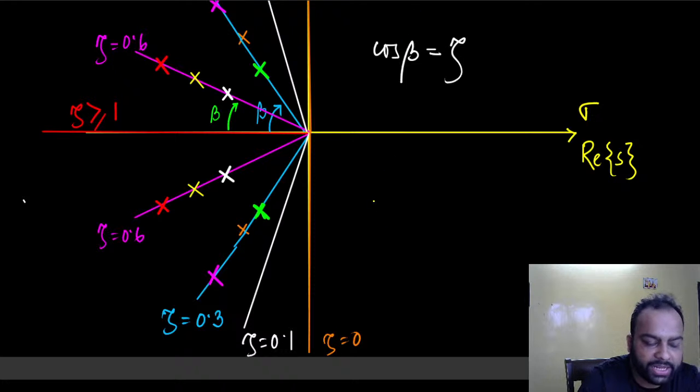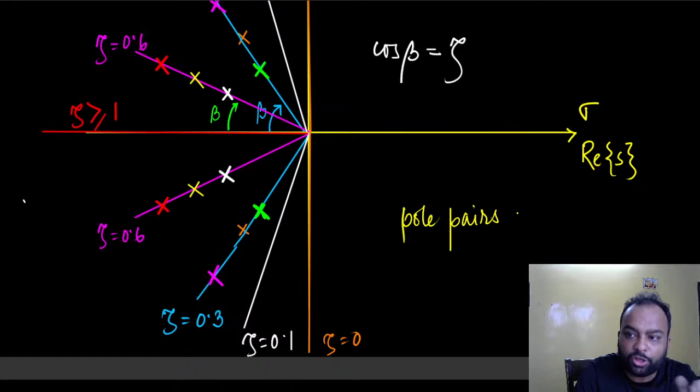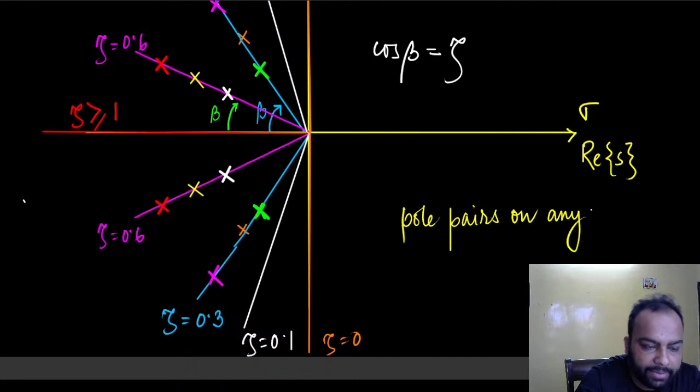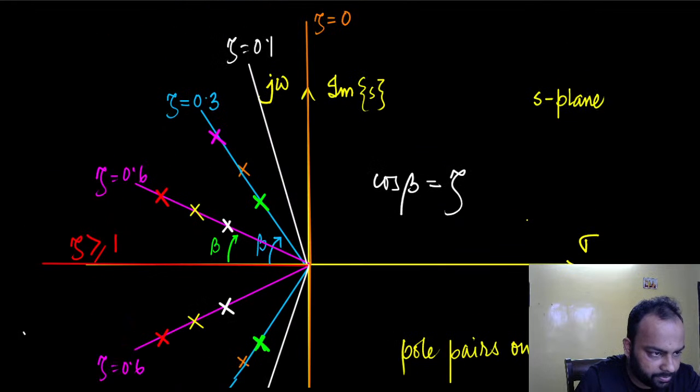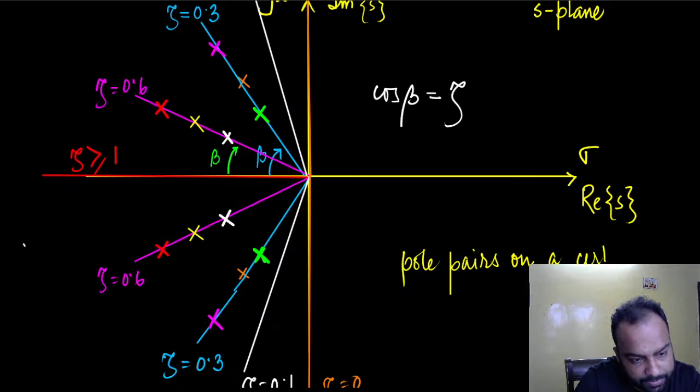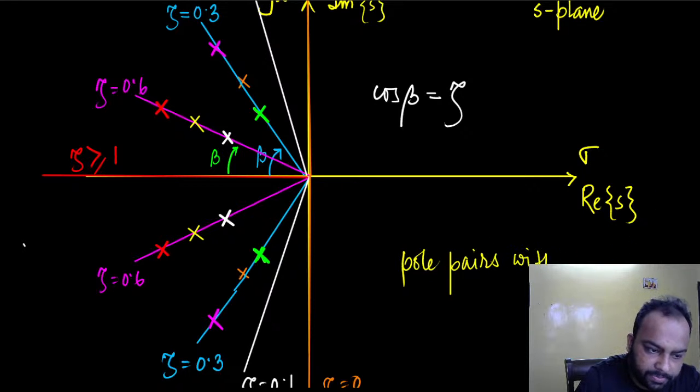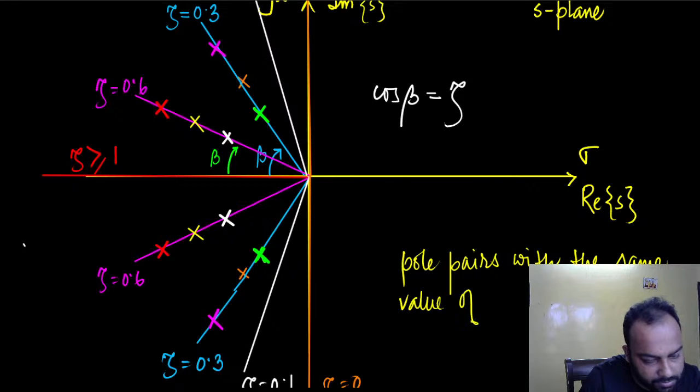So essentially, if I want to describe this, I would say pole pairs, of course pairs, right? I have two poles, second order systems, right? Pole pairs on a certain line, pole pairs with the same value of beta will have the same value of zeta.